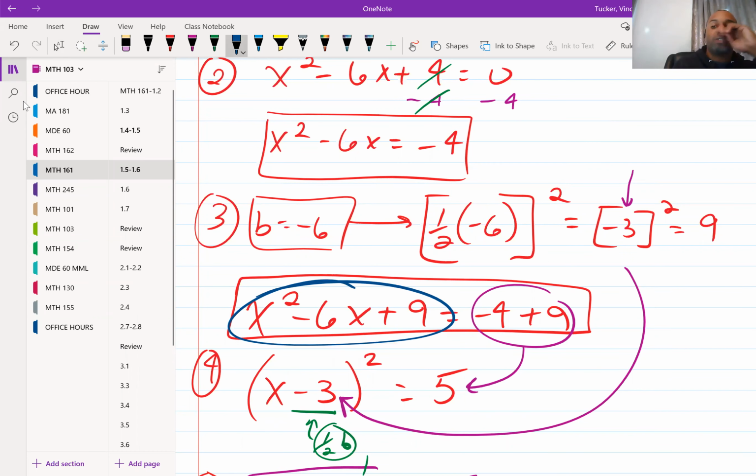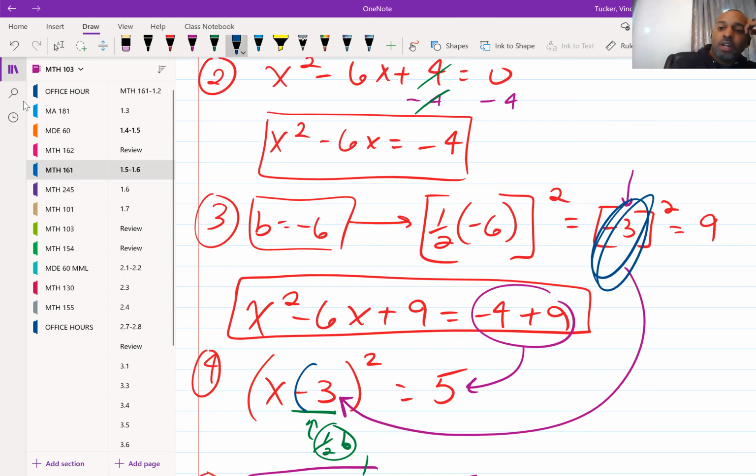Now, if your factoring is not as strong as you like it to be, that's fine. Whatever half your b term is, it is what goes here. So notice half of negative 6 is negative 3, and that's why you have x minus 3. So this right here is always going to be half of your b term, no matter what's going on.